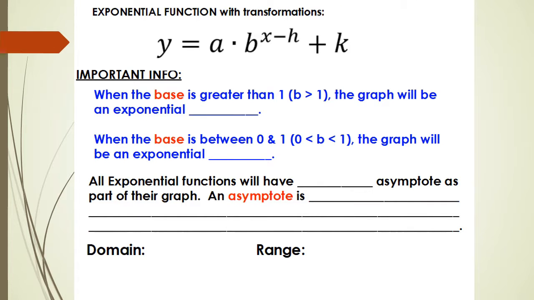All right, so the first thing I want you to see is at the top of this slide, the exponential function with transformations. So I want you to notice where h is and where k is. H is on the x in the exponent position.